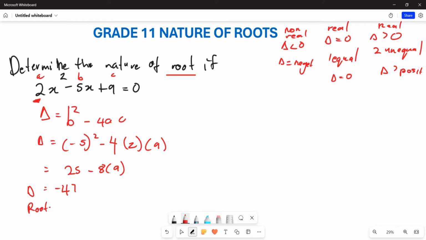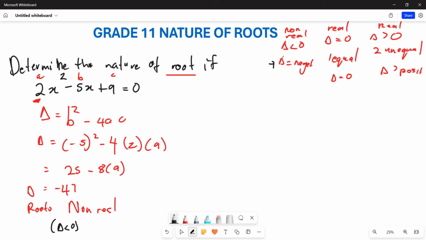The roots of these are going to be non-real. Why? Because it falls under the category of negative. Why are we saying non-real? Because your delta here is less than 0.